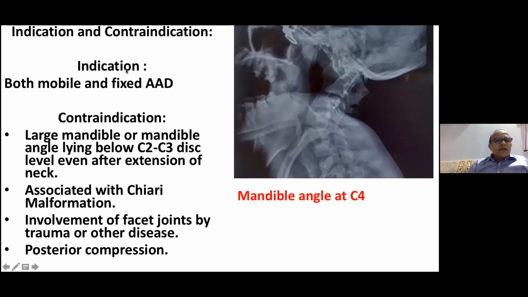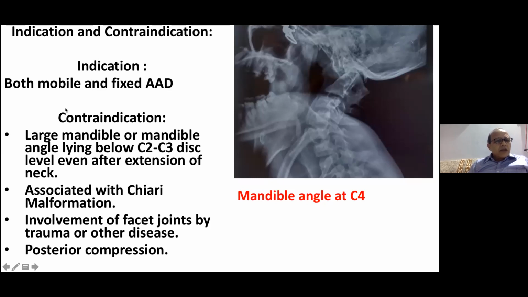So what are the indications? There are limitations and there are indications. So one needs to know, not that one single approach can do everything. This is not the way. So the indications are both mobile and the fixed AAD can be treated. So both fixed and mobile, because you can do both things.